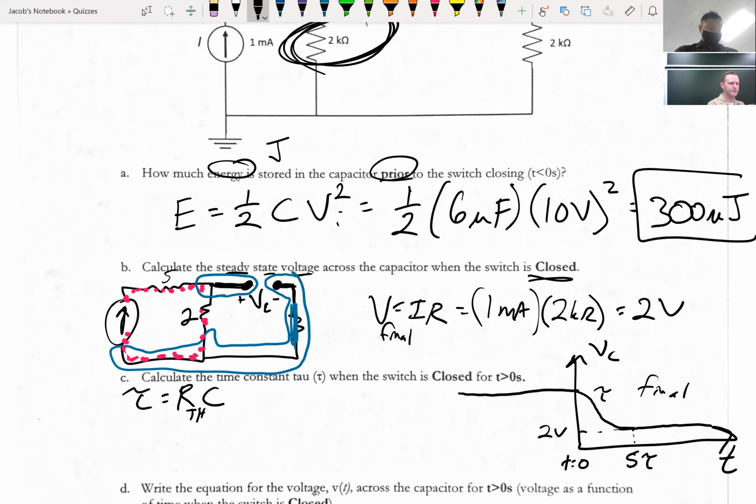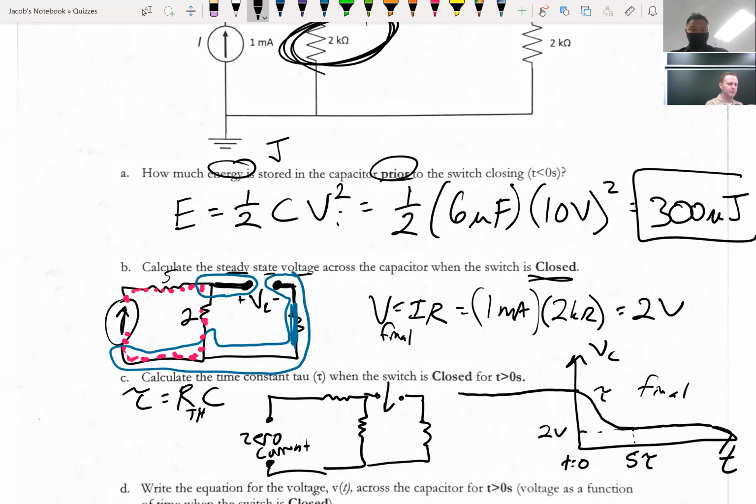How do I do a Thevenin? Once again, it's helpful to redraw. For an R Thevenin, I zero the source. Zero current is modeled as an open, right? And then I have 5 kilo ohms, 2 kilo ohms. And then here, between where the capacitor was, I'm looking at the R total. What is the R total looking back this way?